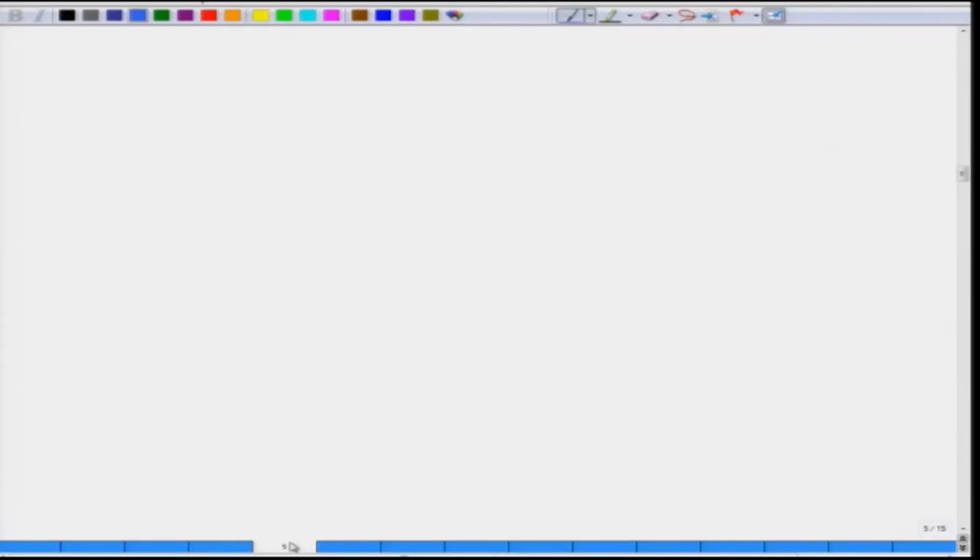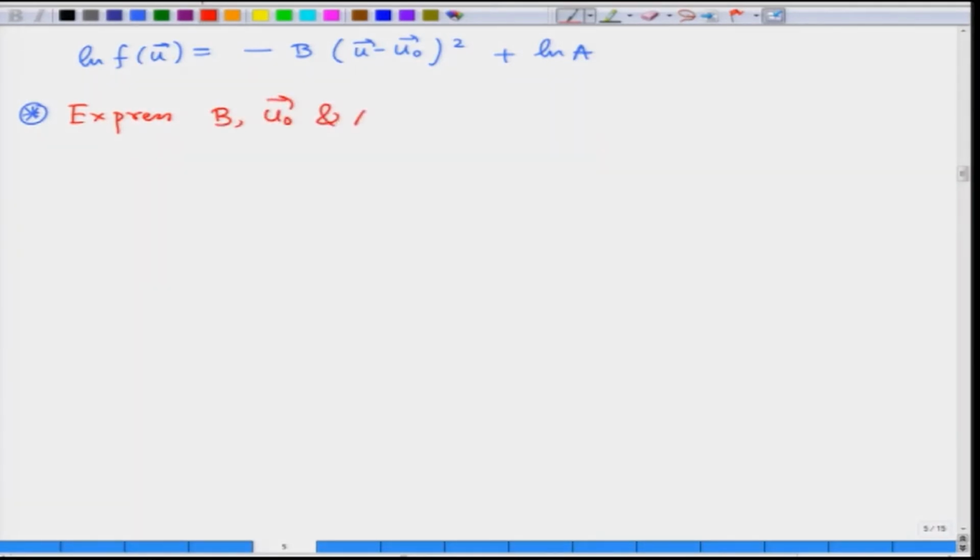If we can write this, then by a little manipulation we can also write log of f(u) will be simply equal to minus b (u minus u0) whole square plus natural logarithm of a, where you can easily express b, u0 and a in terms of C0, C1, C2x, C2y and C2z.